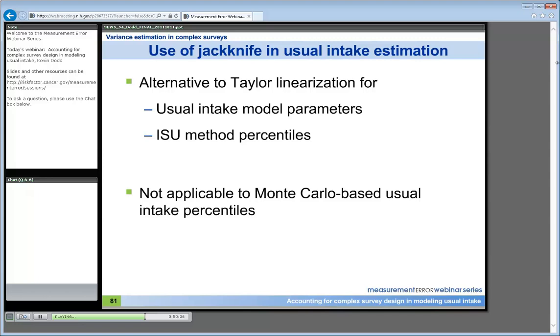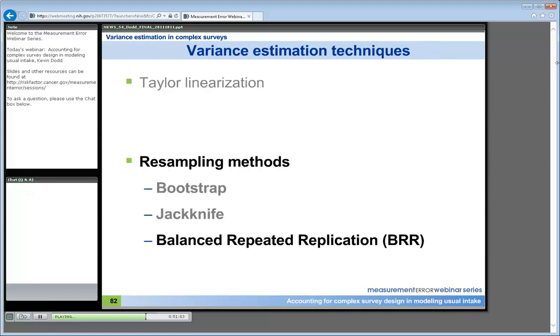And back in my graduate school days, it seems oh so long ago, I did some simulation studies and some theoretical work that showed that the jackknife could also be used to obtain approximate standard errors for usual intake percentiles computed with the ISU method because of the way that estimator is constructed. In some cases, it's smooth. But similar simulation studies suggested that the jackknife was not suitable for the Monte Carlo-based usual intake percentiles such as those used in the NCI method.